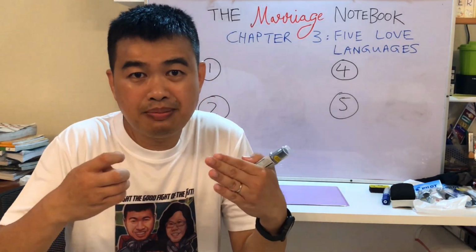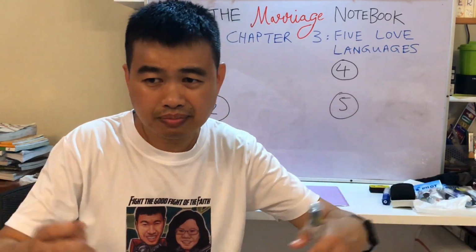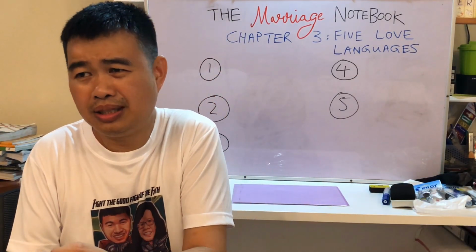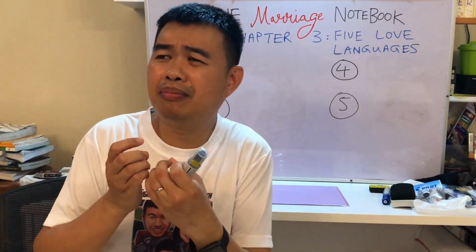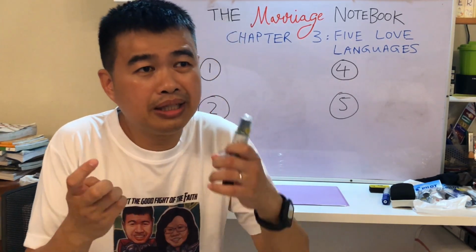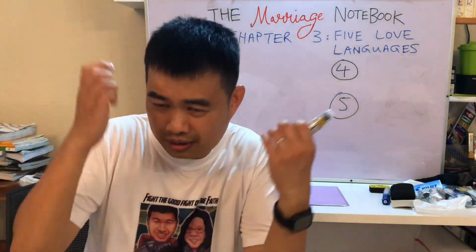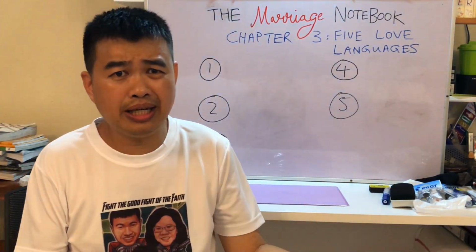Similarly, a husband tries to show love to the wife by buying lots of gifts for her. Somehow she does not seem to appreciate it. You normally hear husbands saying, "Oh, but I bought her everything that she wants." But it could be that he is away most of the time and he just splurges on gifts for the wife, thinking that it's enough for the relationship, which is not the case.